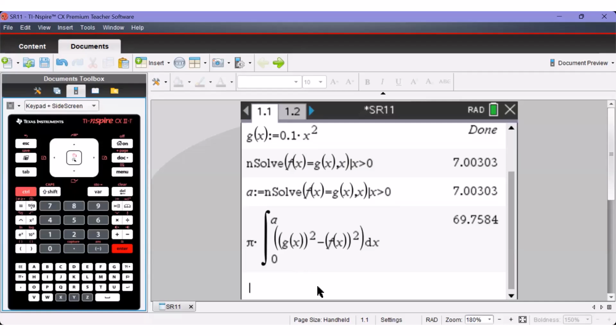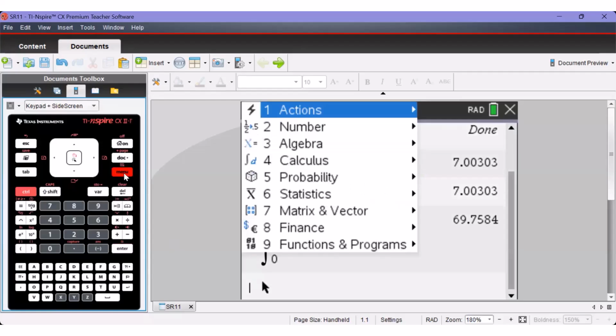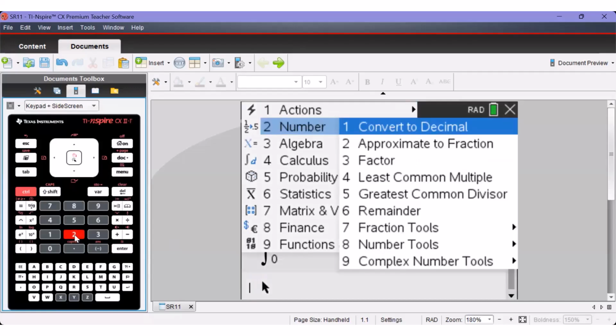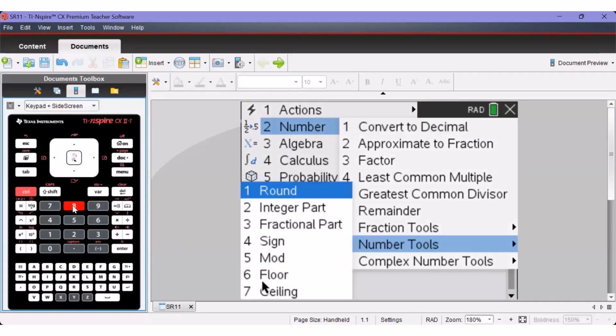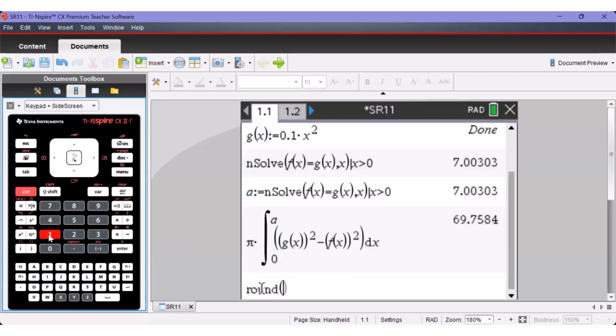So the approach we can use here is we can press menu, then we're going to select number by pressing 2. Then we're going to select number tools by pressing 8, and then round 1 or enter.